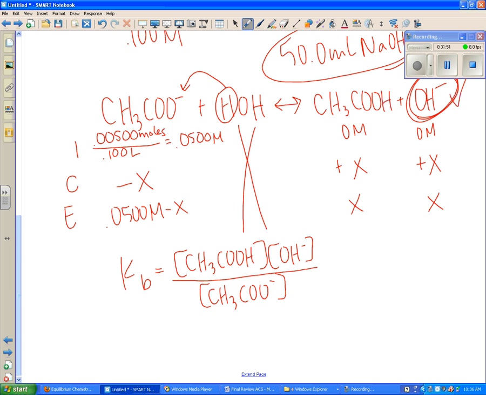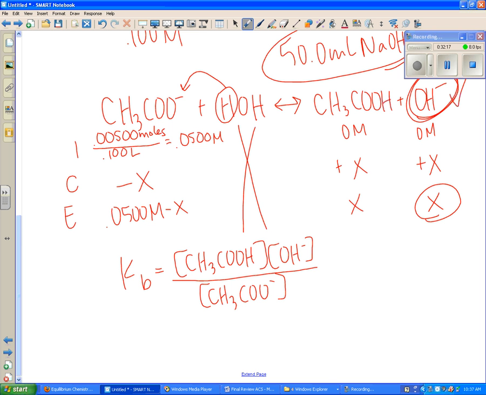Now, if I knew Kb for the acetate ion, I could plug that in, right? And I could plug in X and 0.05 minus X and solve for X. And once I have X, I have the hydroxide ion concentration. Commonly, though, we won't be given Kb, or Kb will be a tougher value for us to look up.